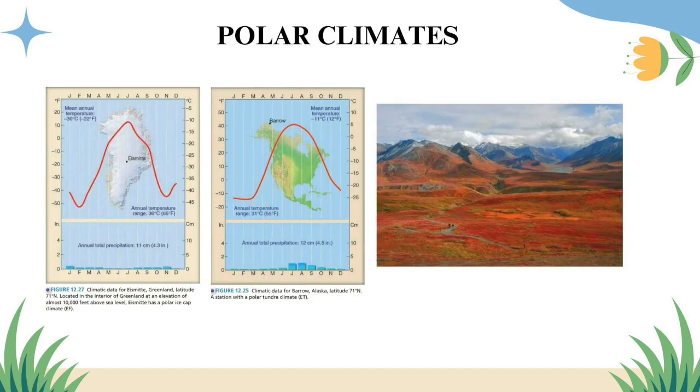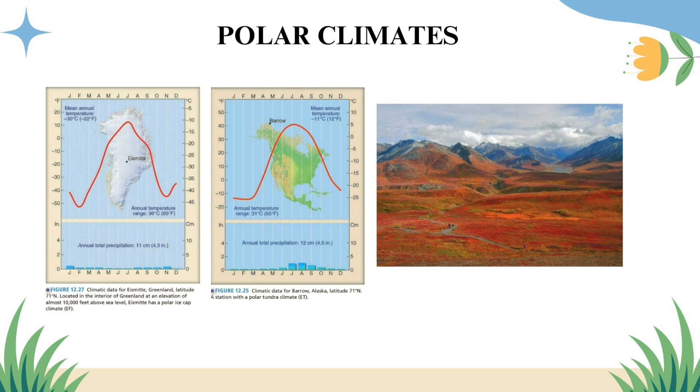Now let's go down to the polar climates. So these regions are near the poles, as I told you earlier, experiencing extremely cold temperatures all year round. So there is very little precipitation, mainly snow, and a tundra or ice-capped landscape.